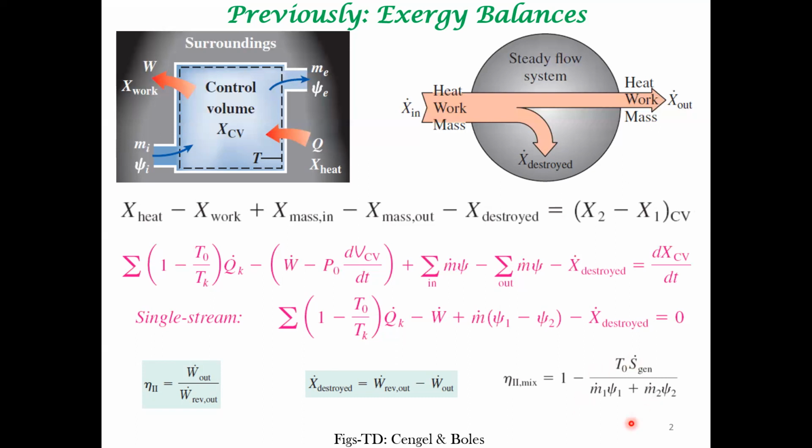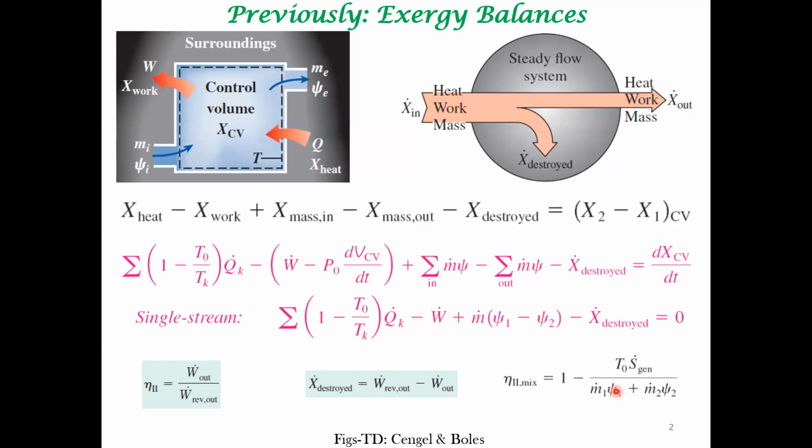In this case, we have given the formula for mixing. In some cases, the reversible process is obvious, but in some cases, it's not clear what the equation is. So we looked at certain case studies to clarify the nature of second law efficiency, the formula that we utilize for it. That concluded the exergy balance.